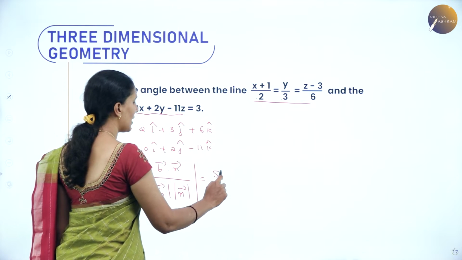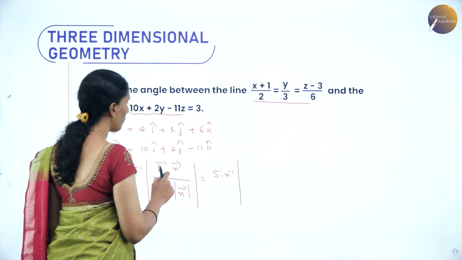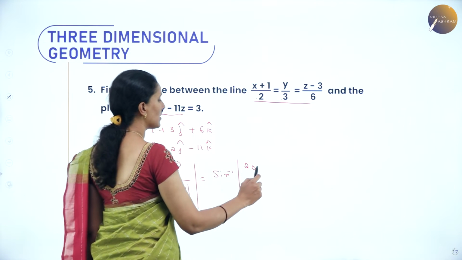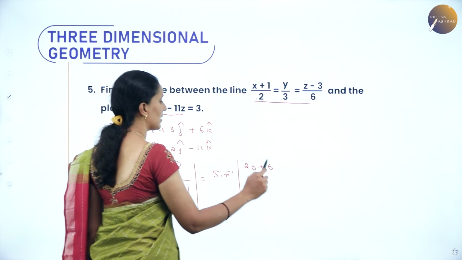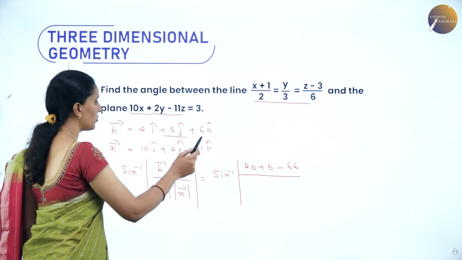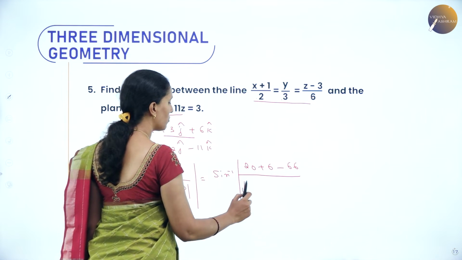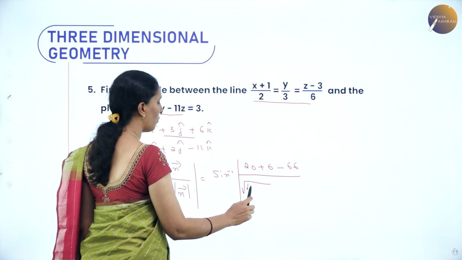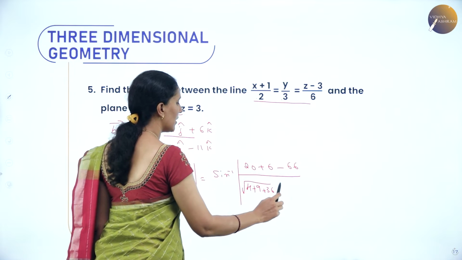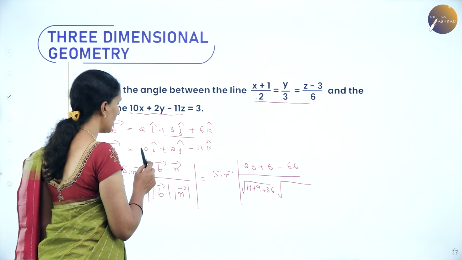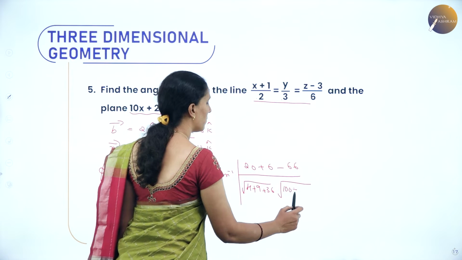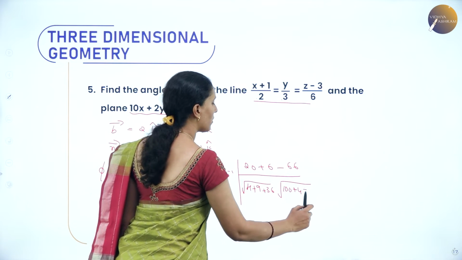So let's take sine inverse of modulus of b dot n. 2 tens are 20, 3 twos are 6, 11 sixes are 66. Whole divided by, let's take the magnitude of vector b, that is square root of 2 square 4, 3 square 9, 6 square 36. Next, the magnitude of vector n: 10 square 100, 2 square 4 and 11 square 121.